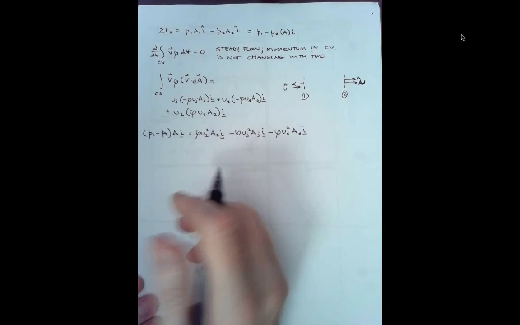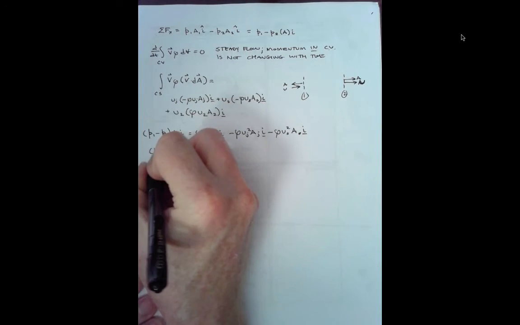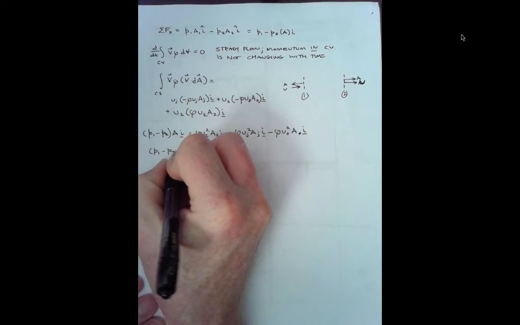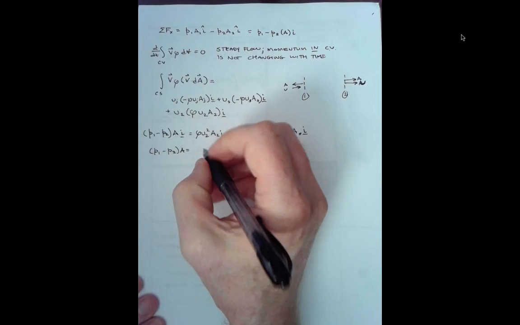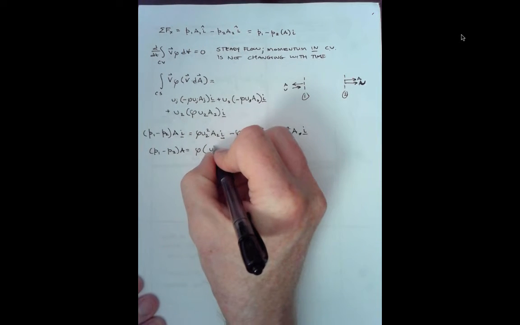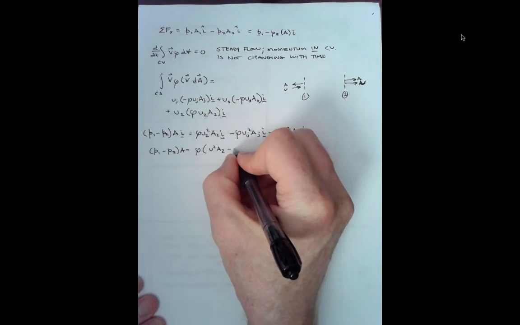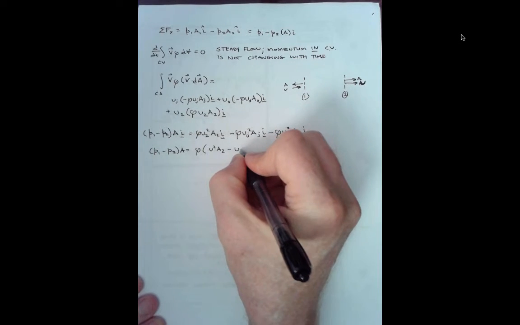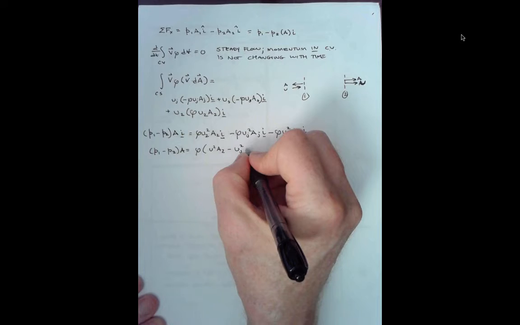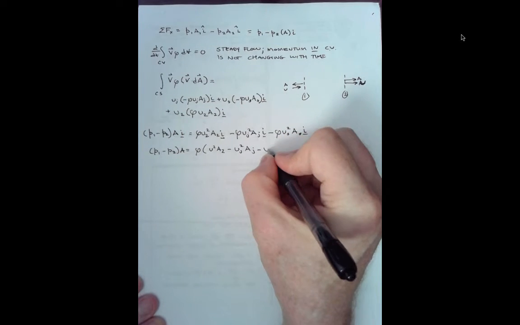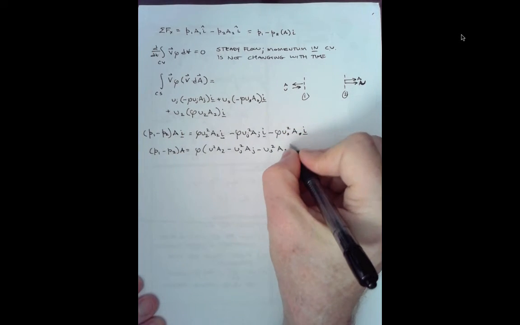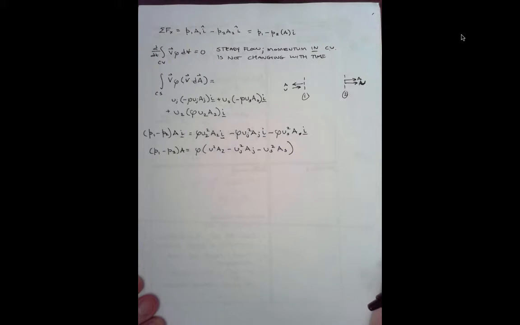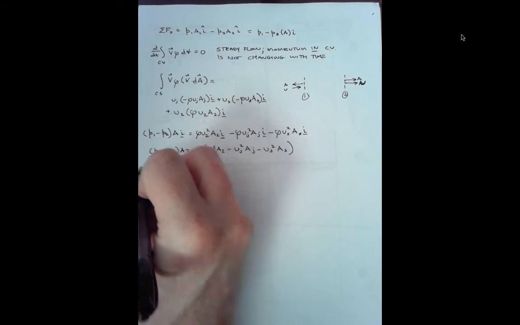Okay, so I'm going to drop the vector notation for clarity because everything's in the i direction. P1 minus P2 times area equals rho U2 squared A2 minus U jet squared A jet minus U s squared A s.